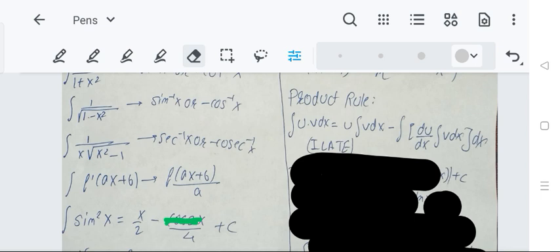Give first preference for u to the inverse function, second is logarithmic function, third is algebraic, fourth is trigonometric, and fifth is exponential. Whenever you see an exponential function, make it v, as exponential functions are easy to integrate, therefore it is kept in the last priority for choosing u.